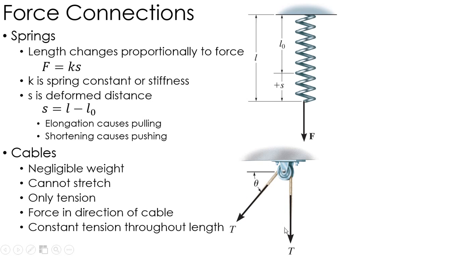So if I have a pulley system right here, the tension over here equals the tension over here, assuming this thing's in static equilibrium. So no matter where I look at the cable, it's going to have the same force going throughout the cable. Those are the assumptions that we're making anytime you see a cable.